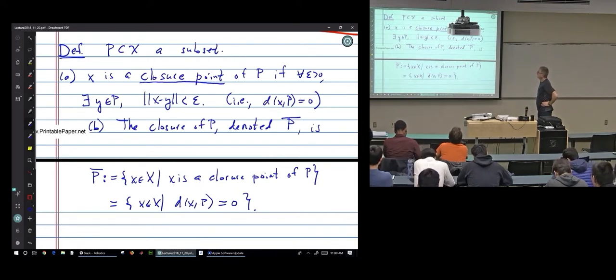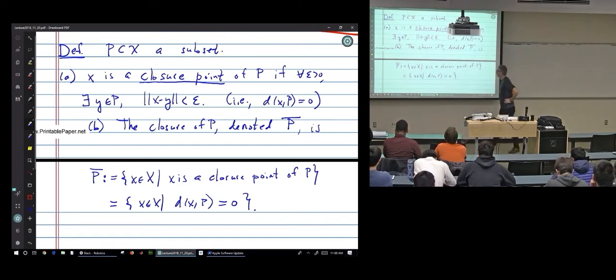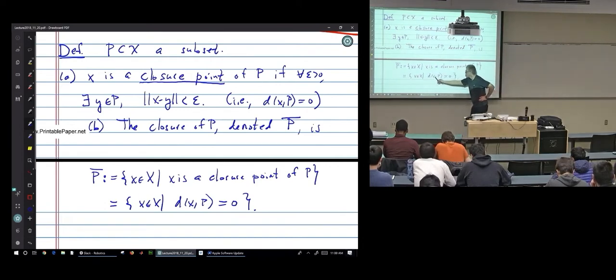Okay, so I can take a set and I can compute a larger set called its closure, which includes all of the points that are distance 0 from P. So if I take my open ball, the boundary is now in here because that's distance 0, okay?